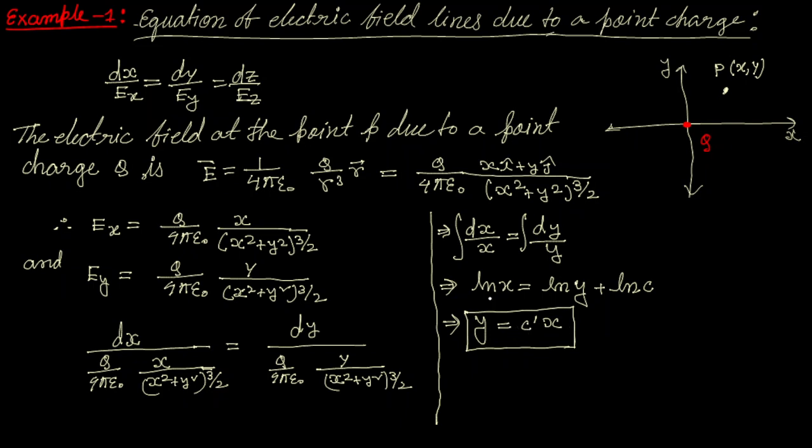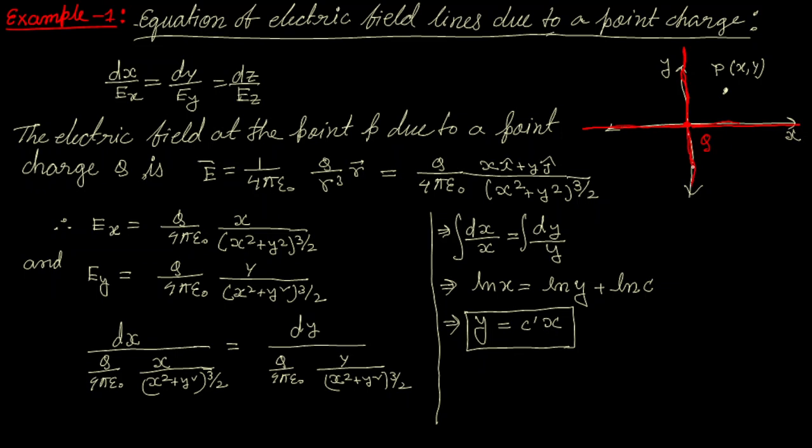First case, if we take c prime equal to 0, then we get y is equal to 0. So this is the equation of the x-axis, y equals 0. The electric field line will be like this. In the same way, if we put c prime equal to infinity, then x will be 0, so it will be parallel to the y-axis.